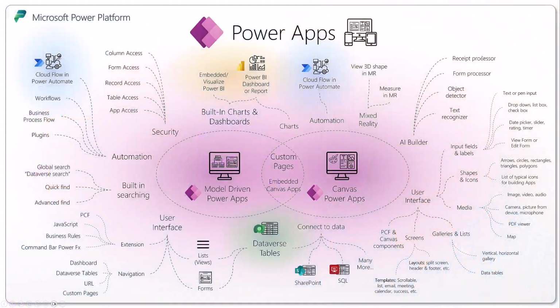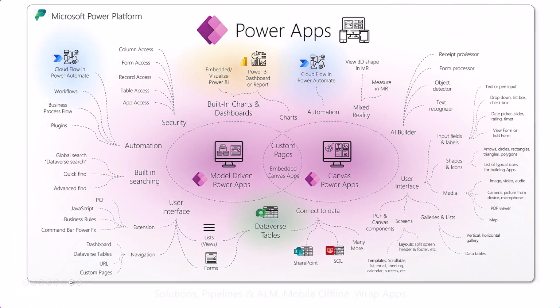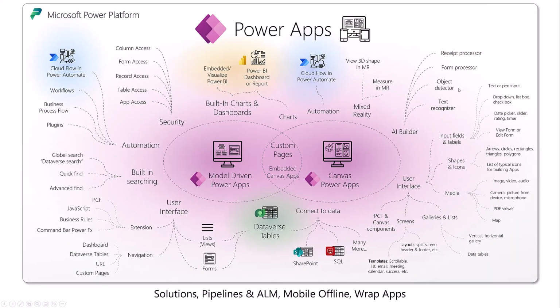Yeah, definitely. So you've got them here down at the bottom. If you just go in order, the whole solutions, pipelines and ALM, I think the big thing here is focus on governance, right?